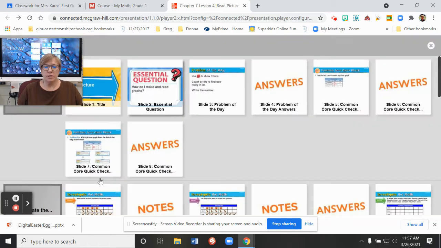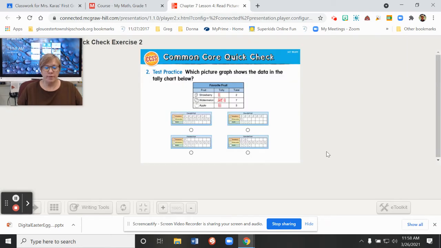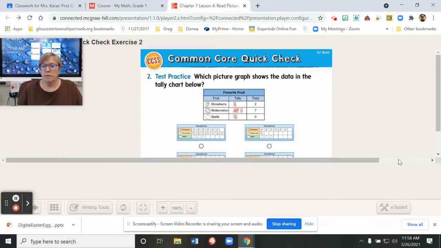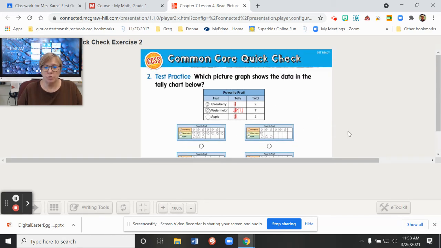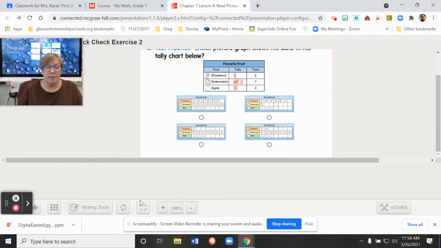All right, so let's go to our first math warm-up. And this might be handy for you to have your whiteboard. If you need that, pause and go get that now. Okay, so they would like you to take a look at the tally chart below and choose which pictograph shows the data in the tally chart.